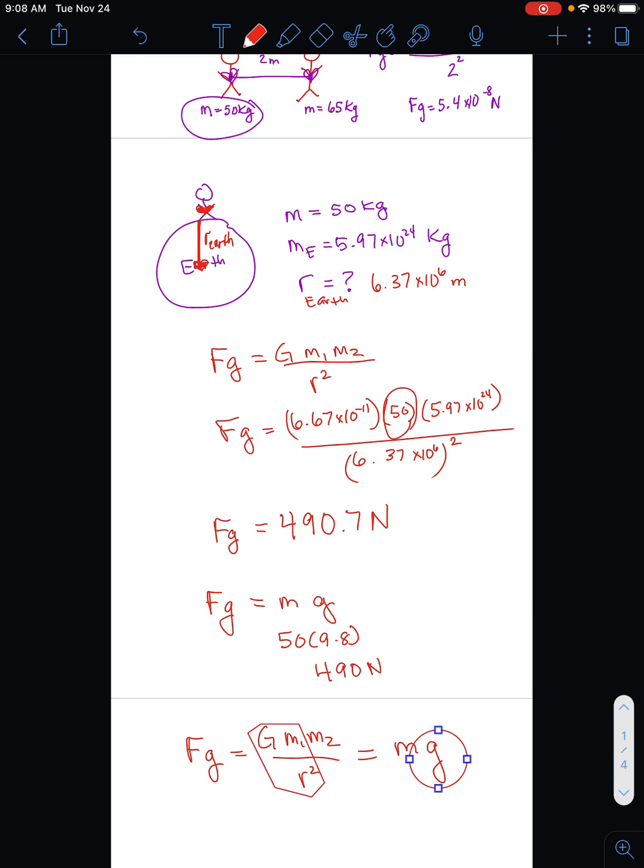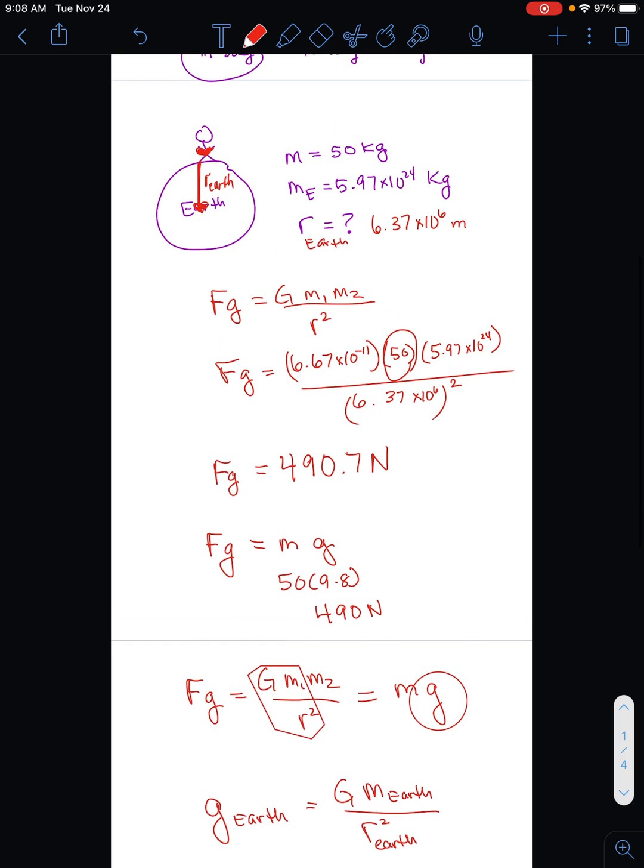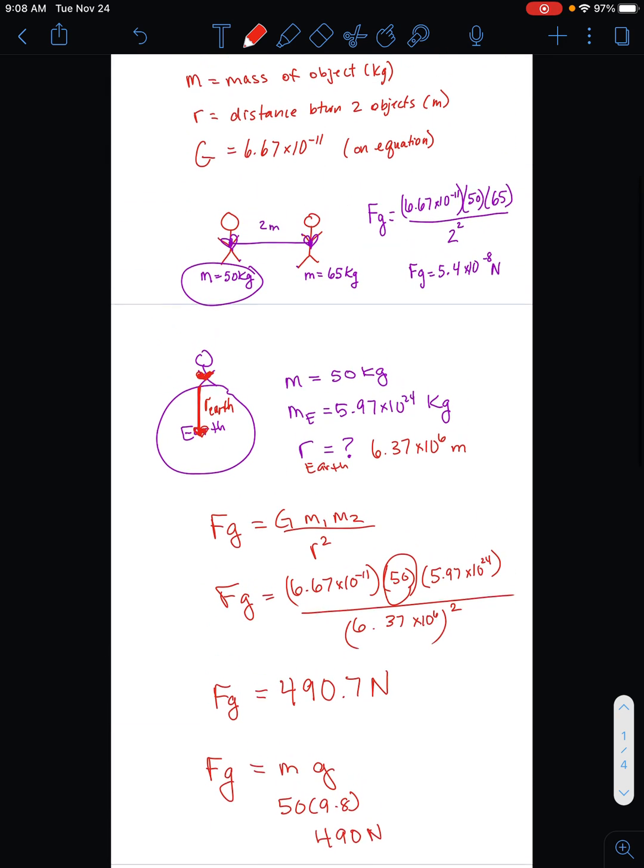That g for the planet Earth could be solved for by doing G times the mass of the Earth divided by the radius of the Earth squared. All right, that was your introduction for solving for the force of gravity between two objects.